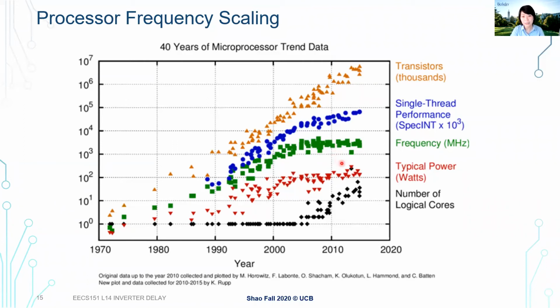One thing that's related to why we have plateaued in terms of frequency is the power of our processor. We also notice that the power consumption is at the 100 watts region for our processors already, and that significantly limits the achievable frequency.